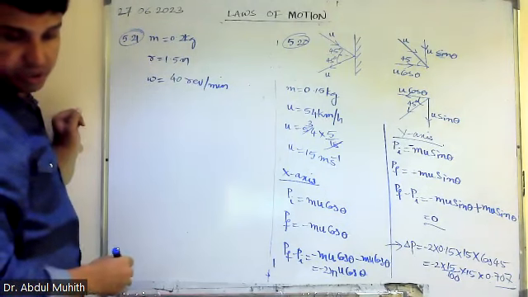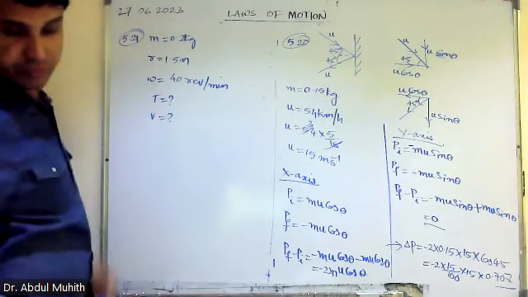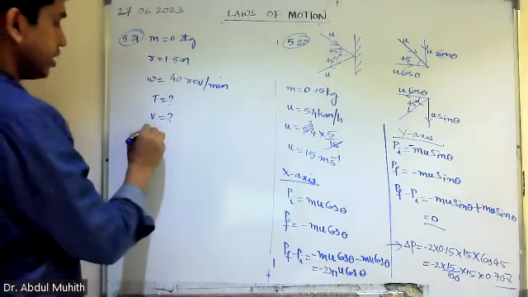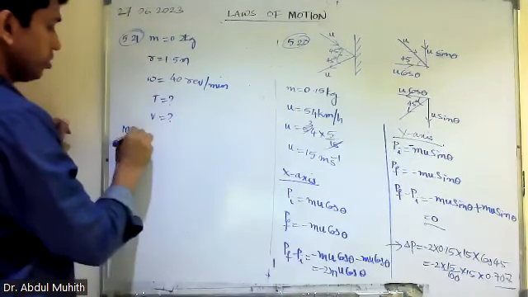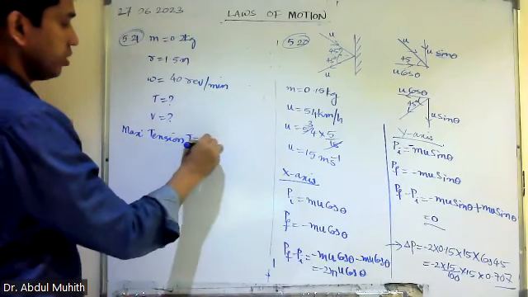What is the tension in the string? And what is the maximum speed with which the stone can be whirled around, if the string can withstand a maximum tension of T equal to 200 Newton?